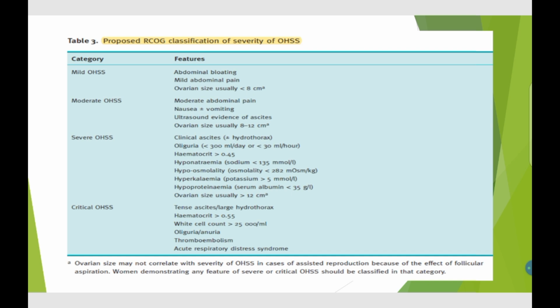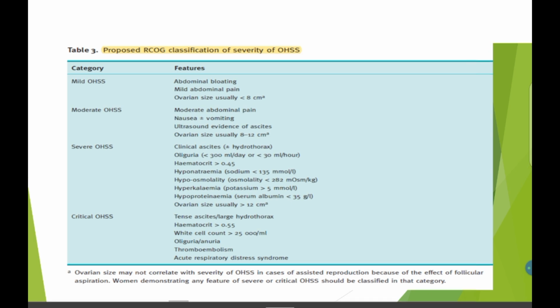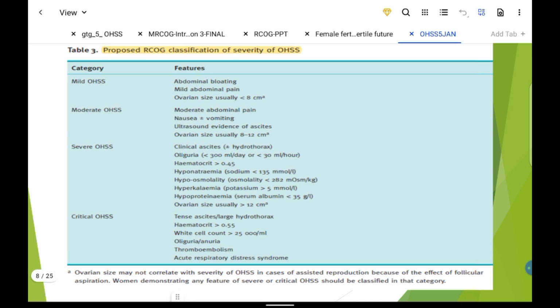So you may have an ovarian size which is fitting into the moderate category. However, other features such as electrolyte imbalance, hematocrit values may be corresponding to the severe OHSS, and that patient should be categorized as a severe OHSS, and here ovarian size need not be taken into account.